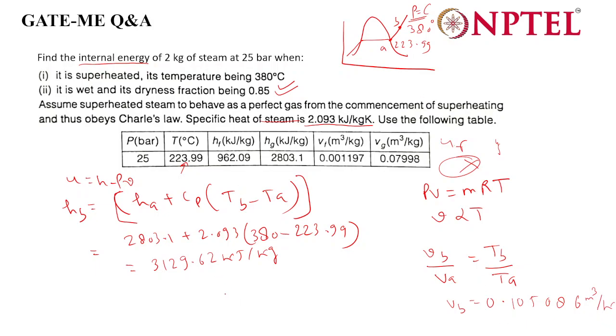Now simply we can use U is equal to H minus PV. H is 3129.62 minus pressure, 25 into 100. Why did I multiply by 100? To convert into kilopascal. Then into 0.105086.